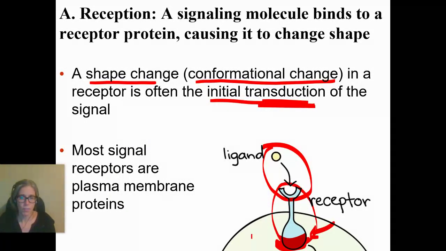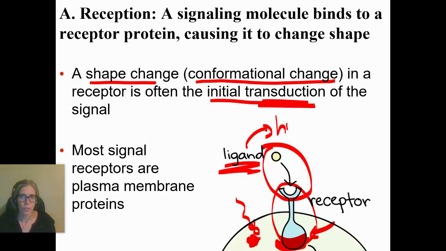Some receptors are actually on the inside, and that would be a receptor that can bind to a ligand if the ligand can go right through. So there are a couple of different major types of ligands. Some of them are water soluble or hydrophilic, and some of them are not.